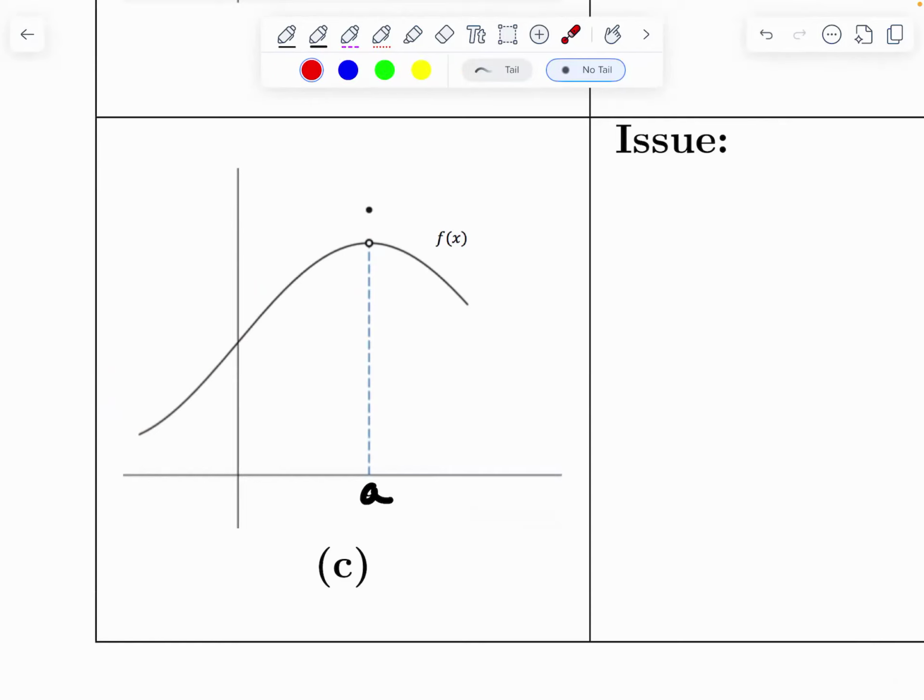Does the function exist at a? Yes, the function exists. F of a exists. Does the limit exist? Yes. The limit is whatever this number is. It's like 4 and that's 5. But the problem is that they're not equal to each other.